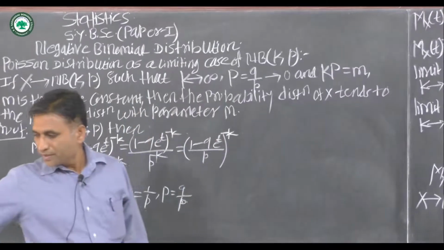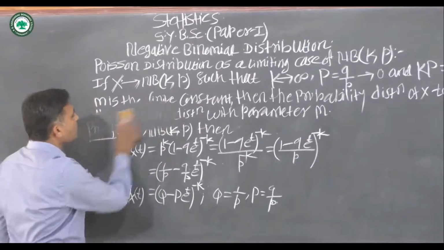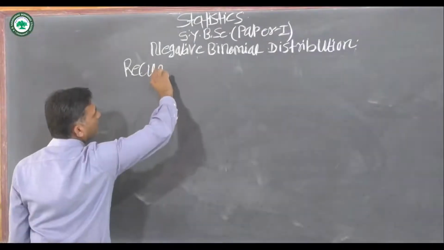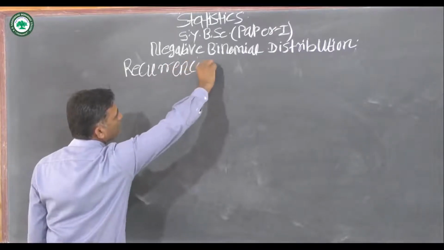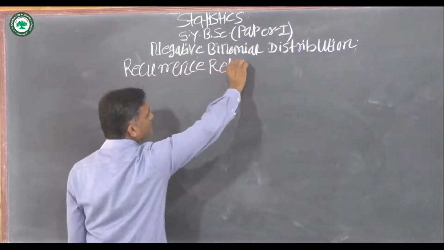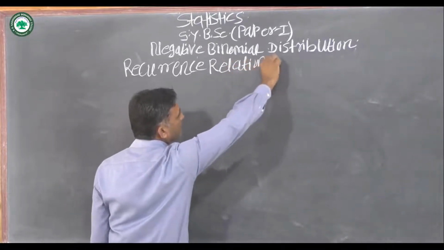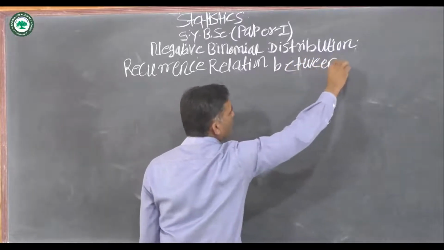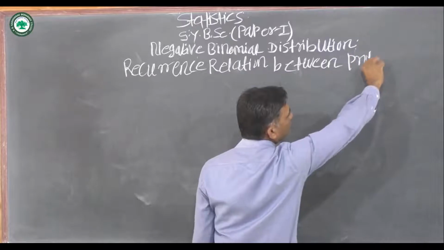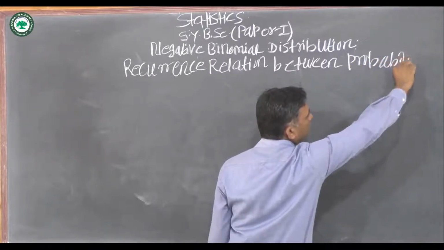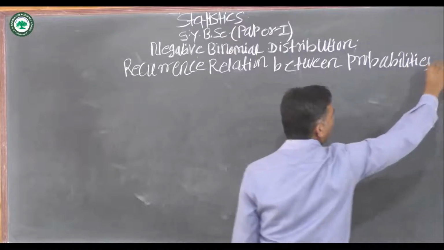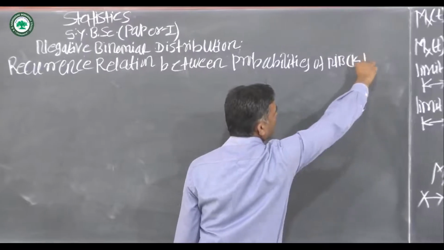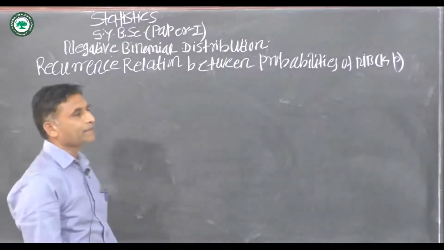Okay, now we see the recurrence relation between probabilities of negative binomial distribution with parameters k and p.